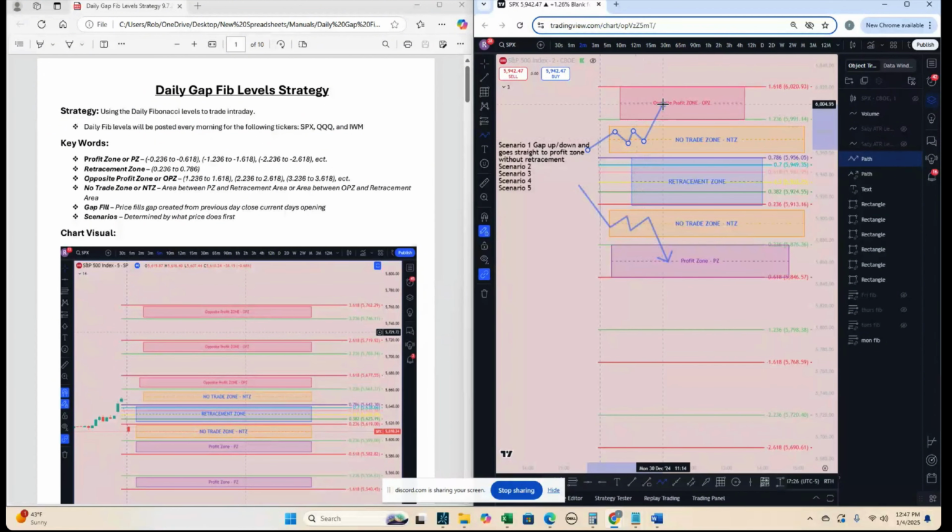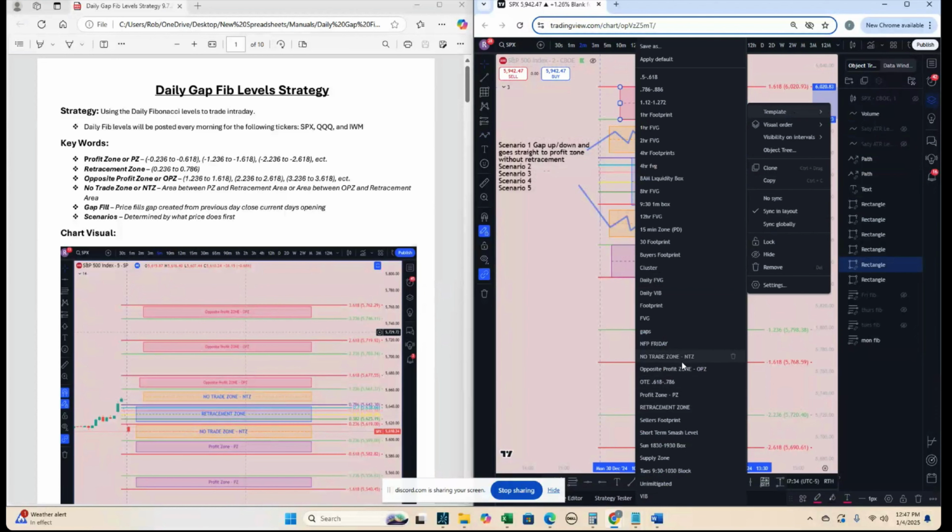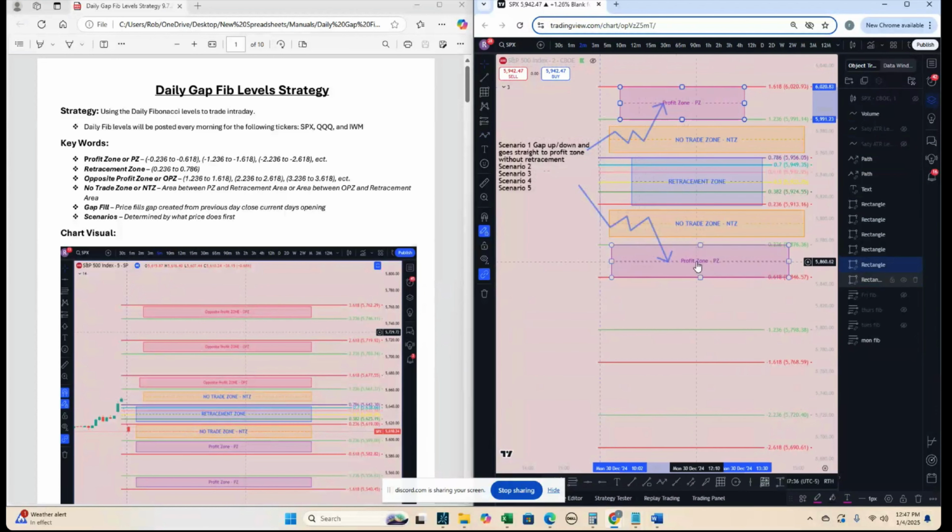Sit in the no trade zone for whatever time period, and then go hit the profit zone. So assume this is the profit zone while we're talking. Let me make this realistic. So gap up, gap down, sit here for a second, and then go to the profit zone. So scenario 1 and scenario 2.